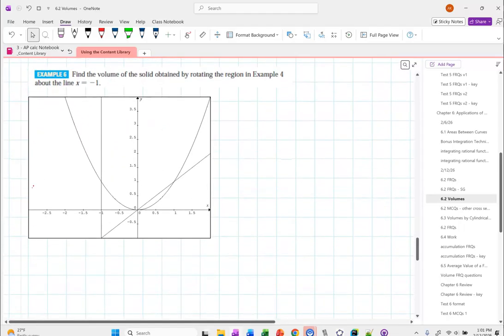Same setup, but this time we're going to rotate about a vertical axis, x equals negative 1. So this time we're rotating about that guy.